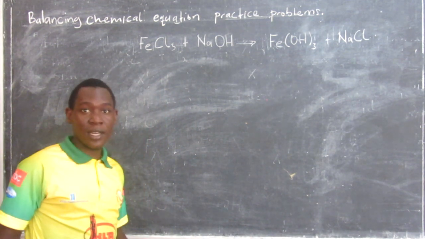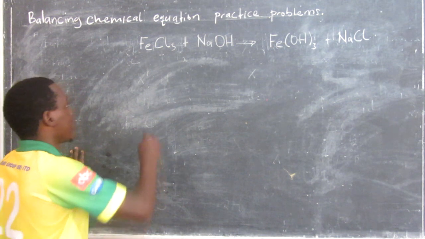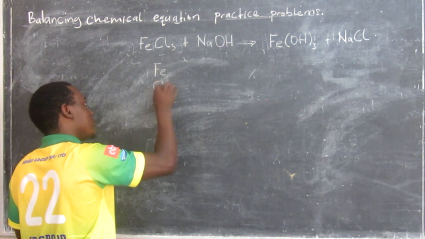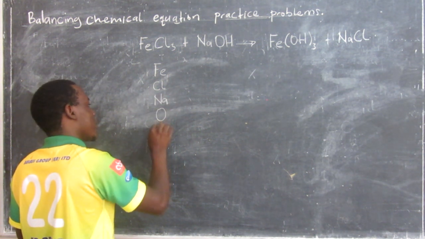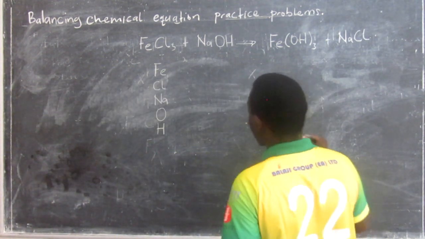I will start by writing the elements of each on both sides of the equation. In this case, we have iron here, we have Cl there, we have sodium there, we have oxygen, and we have hydrogen. The same elements appear also on this side.